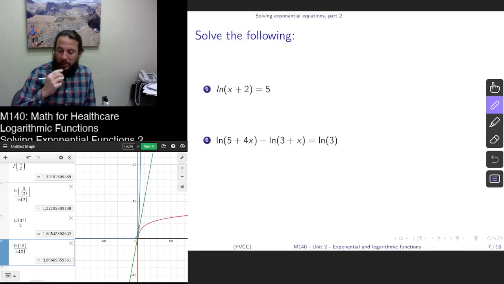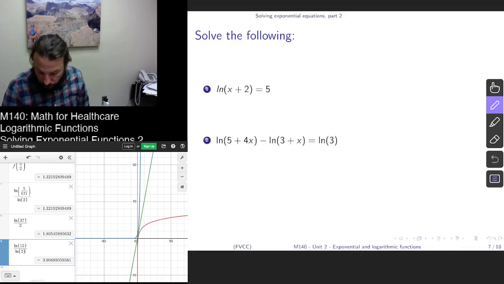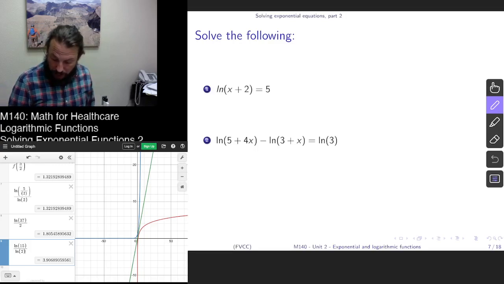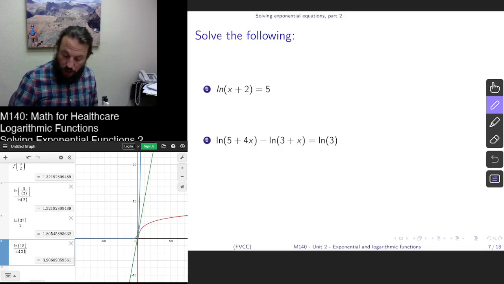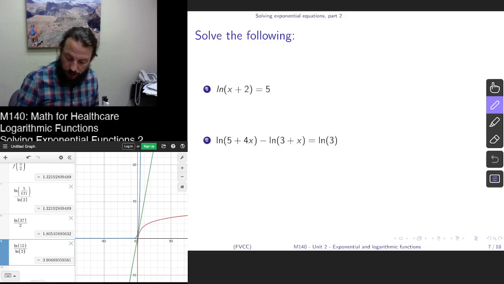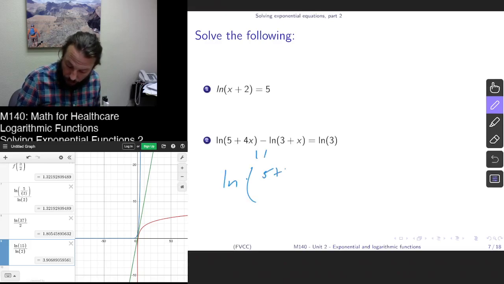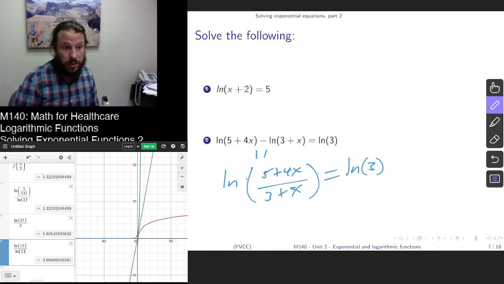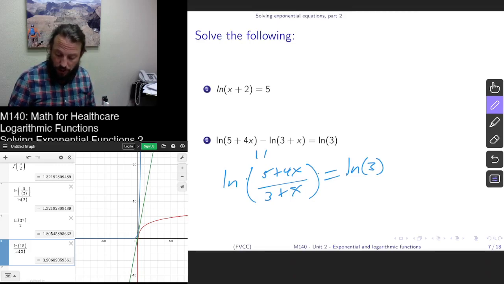Now, this one's a little more complicated. Here we could use our formula. This is equal to the natural log of 5 plus 4x over 3 plus x, and that's still equal to the natural log of 3. We didn't change that. Minus, it's like subtract, because when we divide things with like bases, we subtract their exponents.